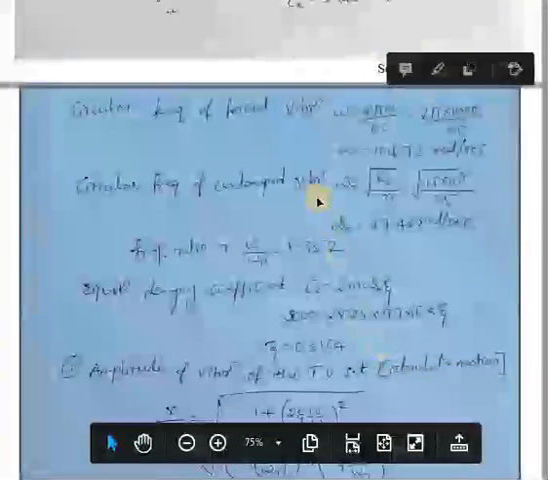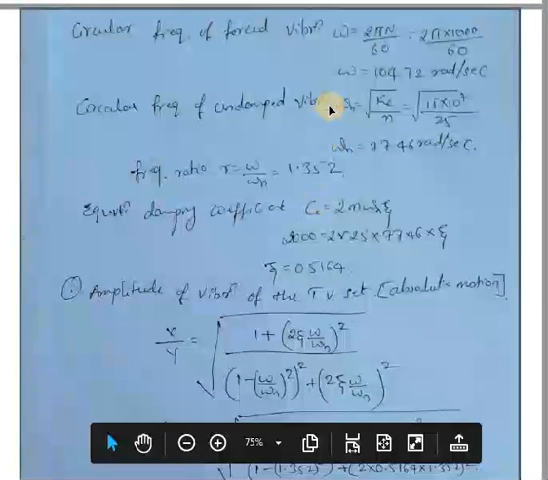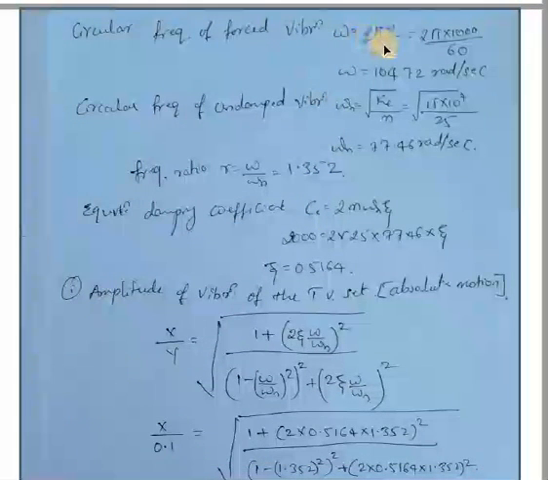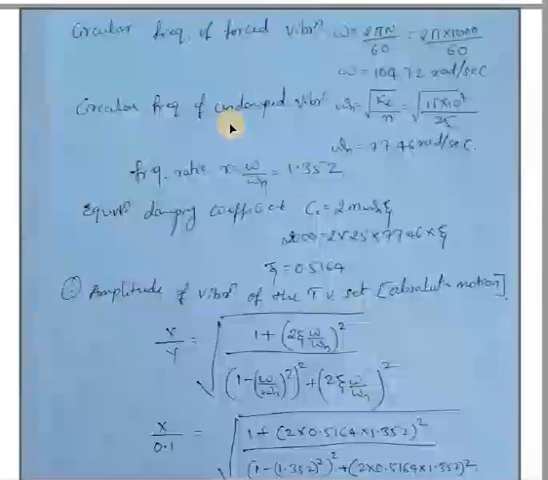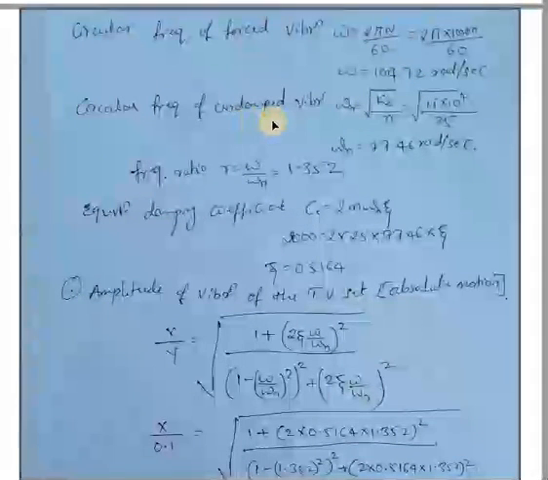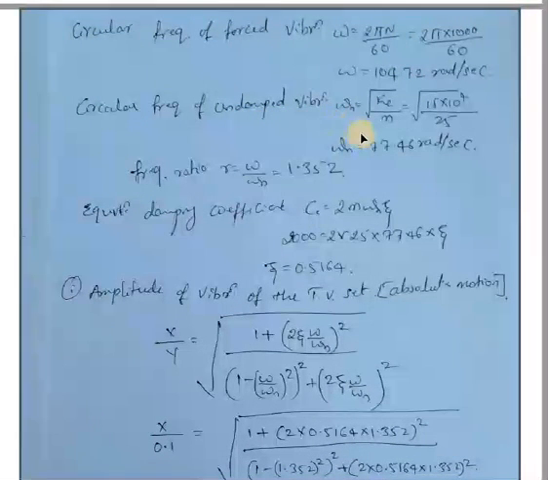After that, the circular frequency of forced vibration can be calculated using omega equal to 2 pi N by 60. N is given, so from that you will get omega as 104.72 radian per second. And the circular frequency of undamped vibration omega n equal to root of Ke by m. Here we are using Ke.